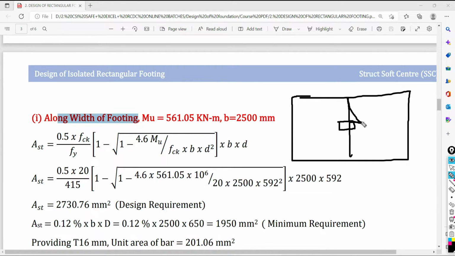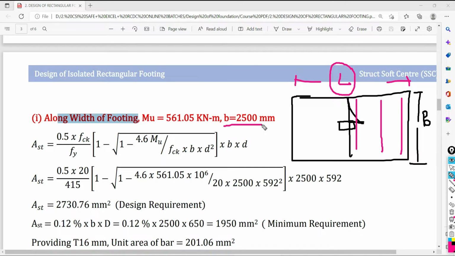We are going to use this moment for finding out the reinforcement, so the reinforcement will be along the width, but its distribution will be along the length. So your length is going to become width for the calculation of the reinforcement along the actual width.